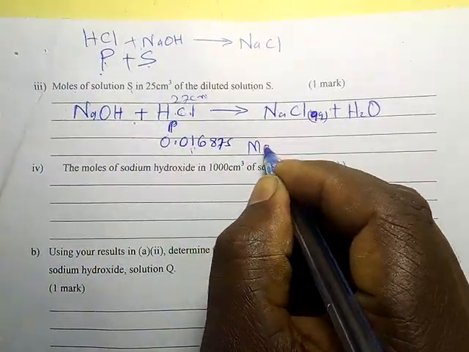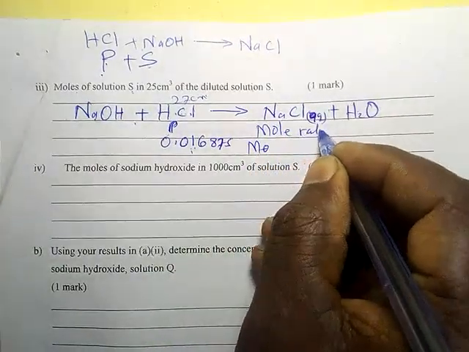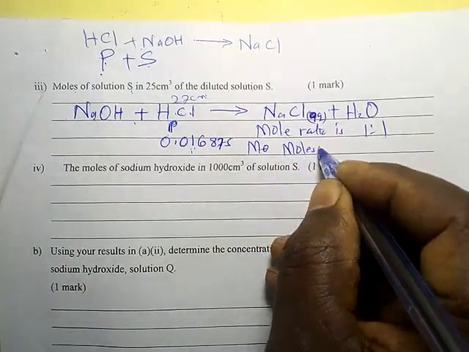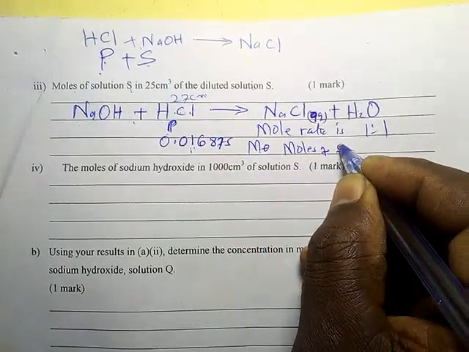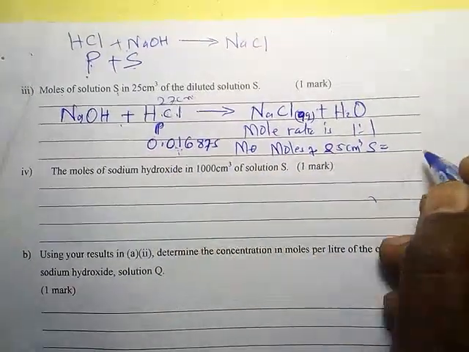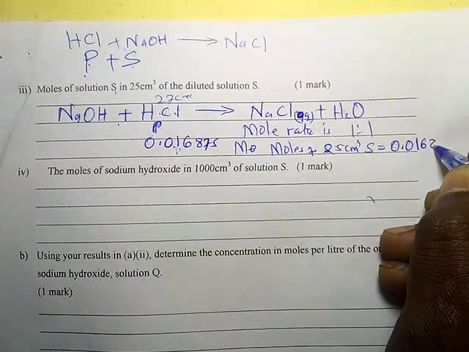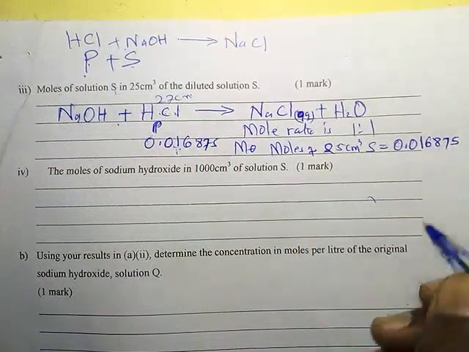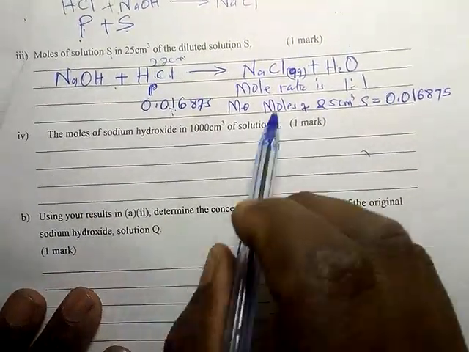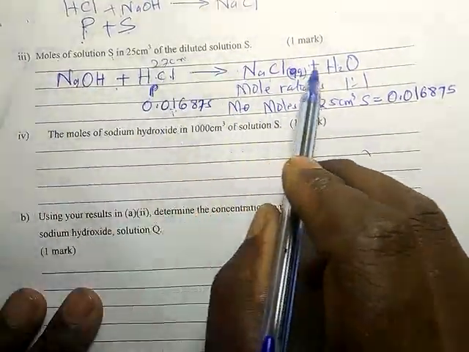Therefore, here you write that mole ratio is 1:1. So moles of S of 25 centimeters cube S equal to the same 0.016875. Right? Inakuwa rahisi hivyo. Sasa hapa tumepata moles of S in 25 tukitumia hii relationship.